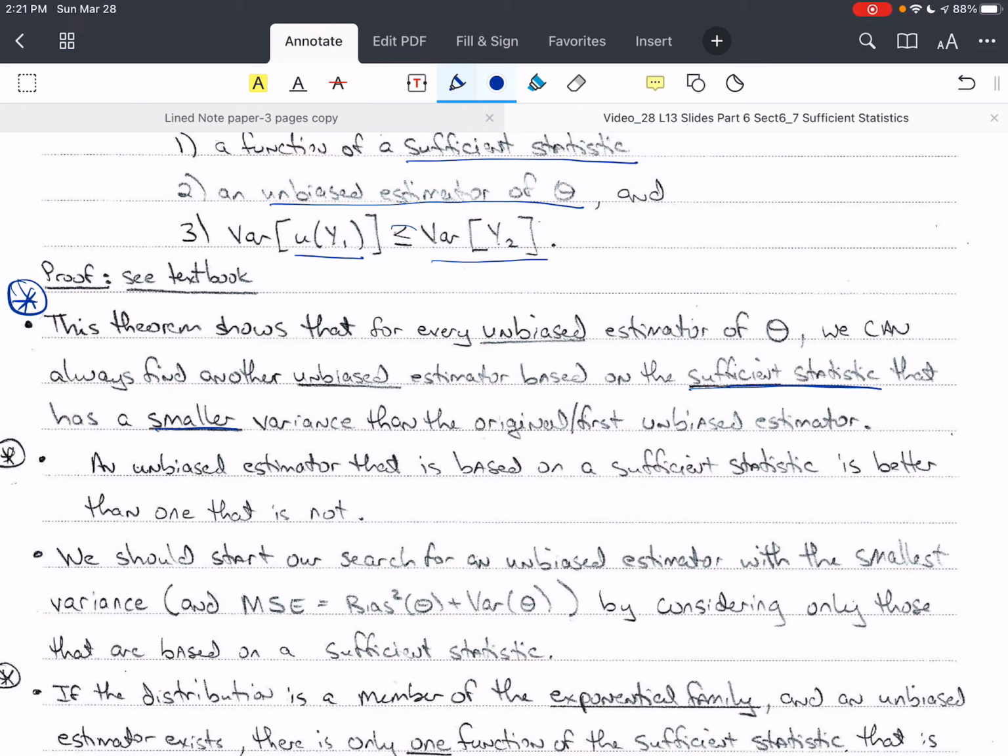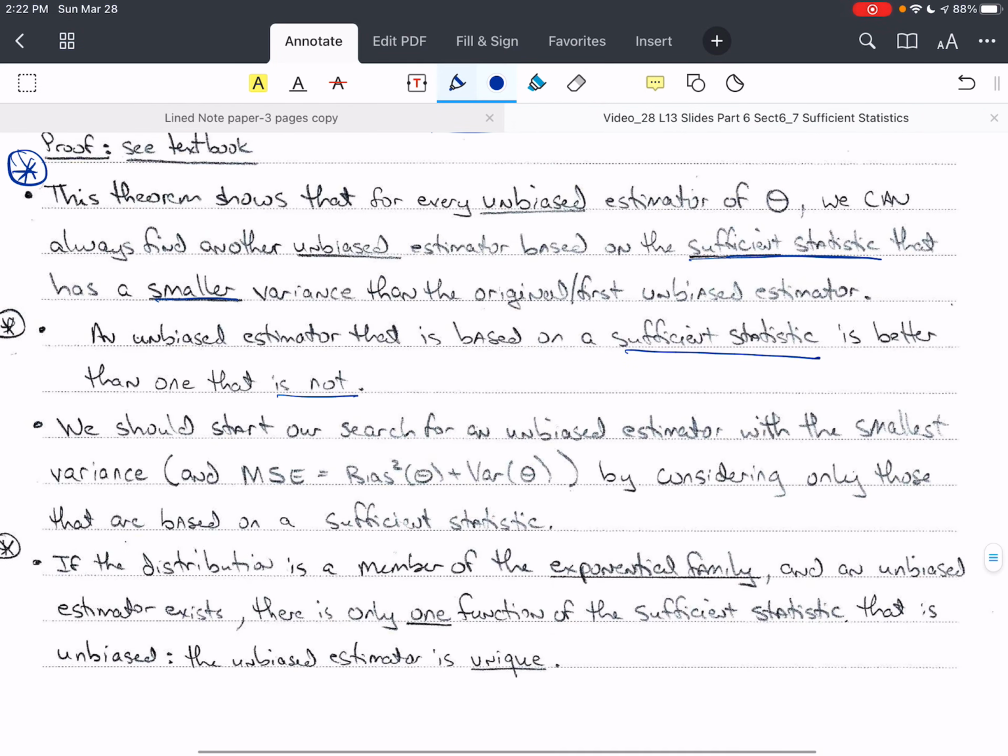And you see the equal to sign there, so if it's the best you can do, then you can find a function of it which has the same variance. So an unbiased estimator that's based on a sufficient statistic is better than one that is not based on a sufficient statistic. That's important to remember. We should start our search for an unbiased estimator with the smallest variance and MSE.